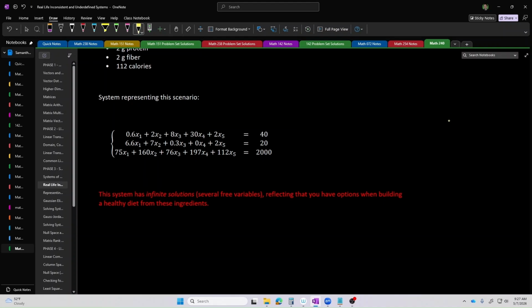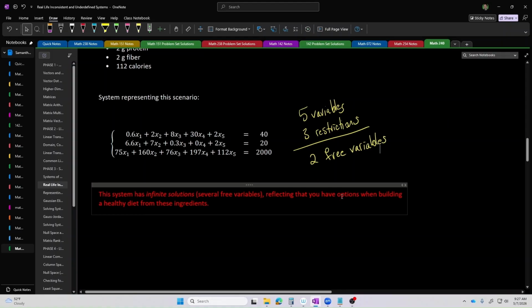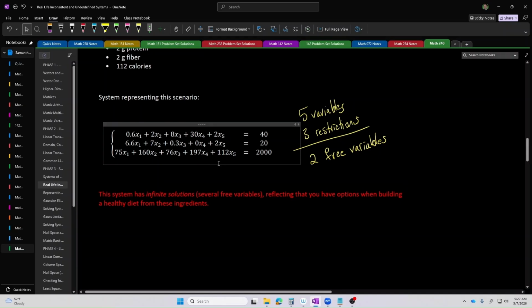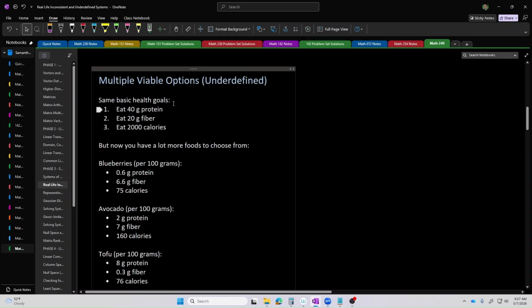Now, in this system, I have 5 variables to choose from, but I only have 3 restrictions, which means that I actually end up with 2 free variables, representing that I have some choices and some wiggle room, some options in terms of how to meet these health goals.